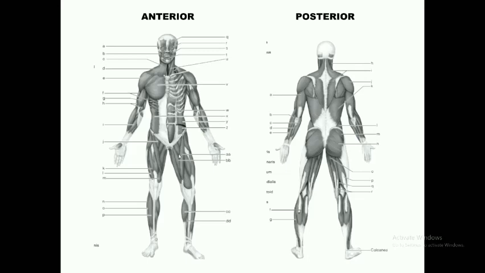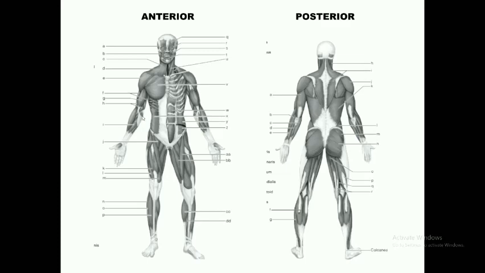So platysma is located here in the neck area. That is our platysma. Next, 13, flexor carpi radialis. So flexor carpi radialis is located here. That is our flexor carpi radialis. So from its word flexor, so it flexes our wrist.